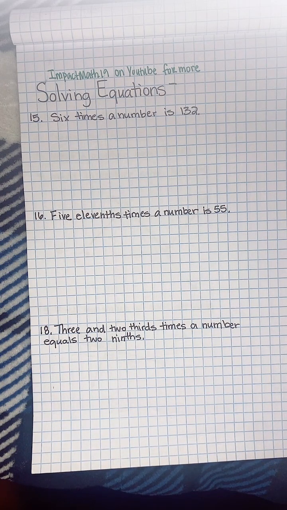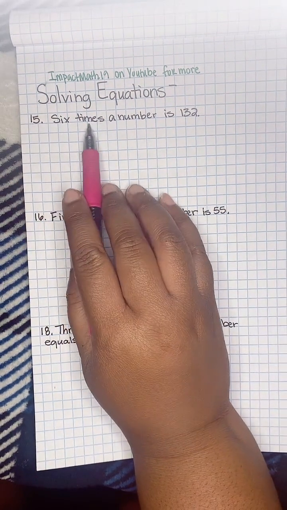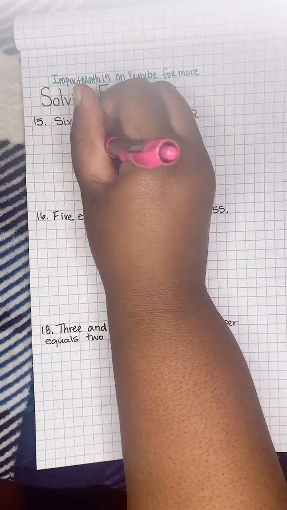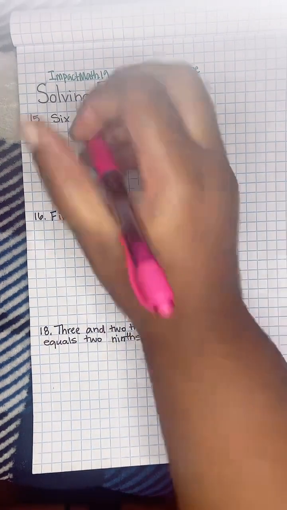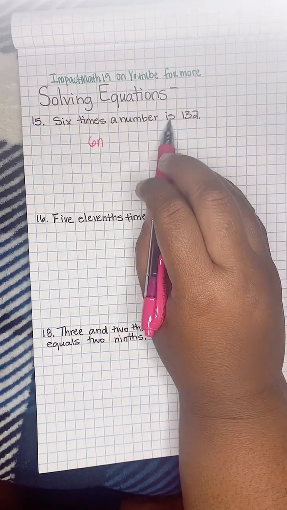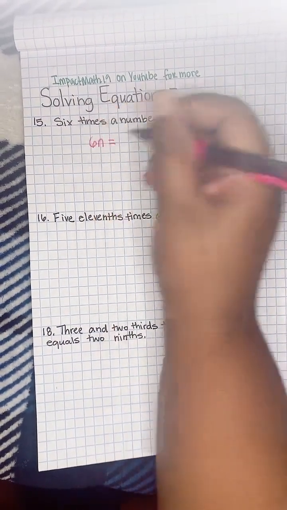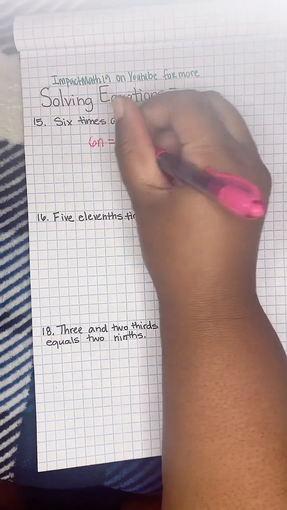6n equals 132. Wonderful. Yes. And I see people already solving it. So 6 times a number. Well, we don't know the number. Whenever you don't know something, you put a letter. So I'm going to use n. 6n is going to equal 132.